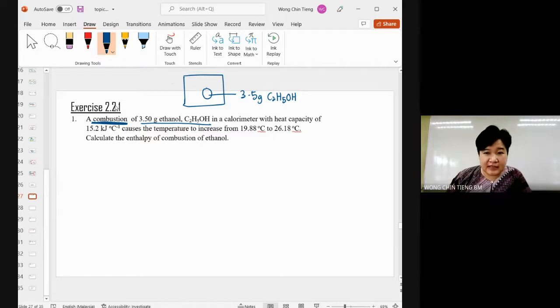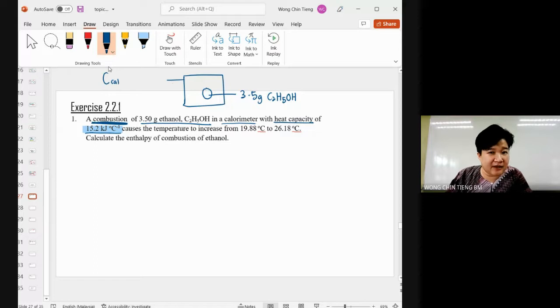Next, in a calorimeter with a heat capacity of 15.2 kilojoule per degree Celsius. Ladies and gentlemen, C besar, C kecil. C besar label calorimeter punya.